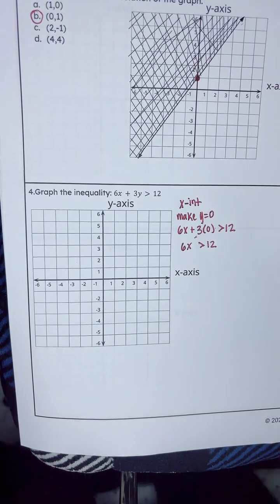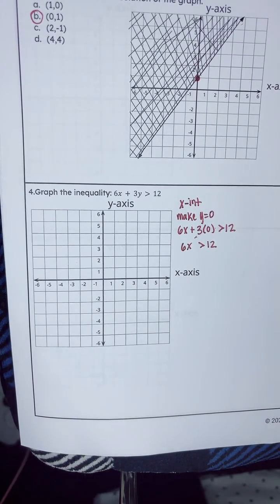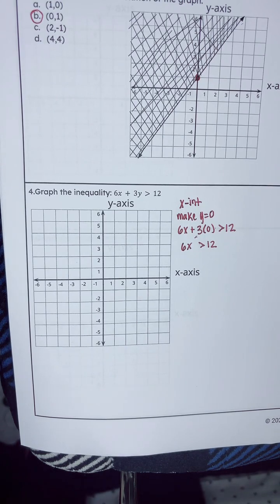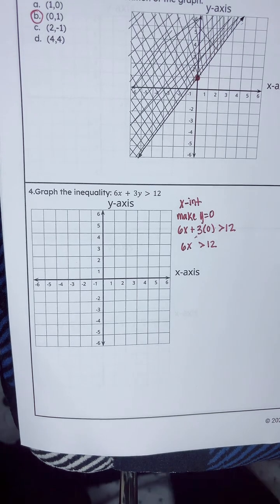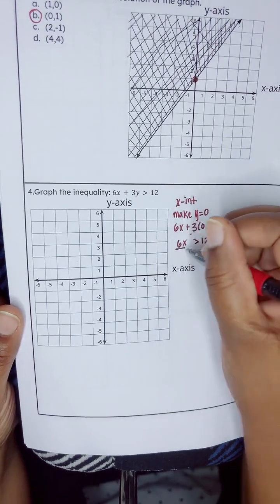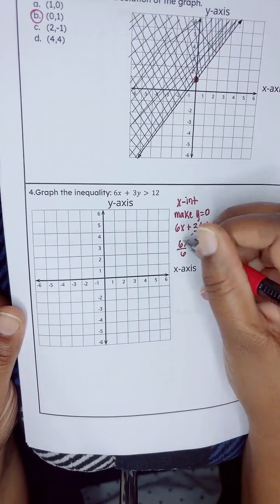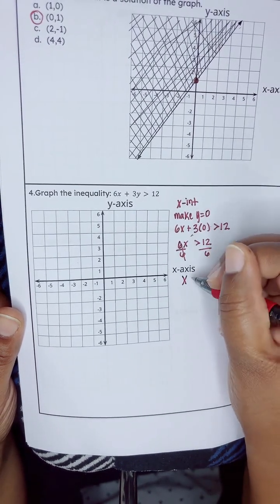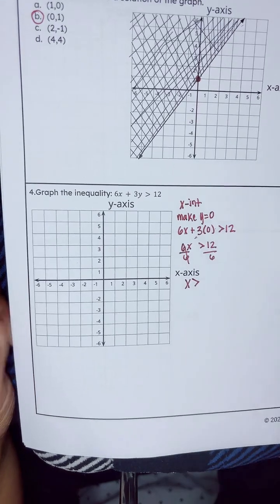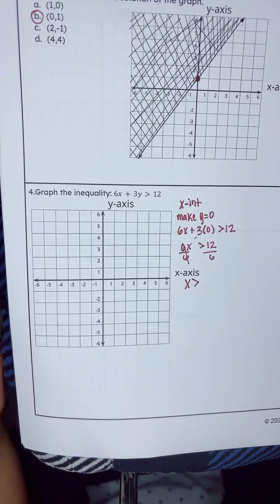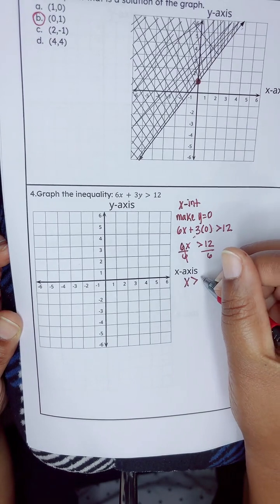What's my last step? How do I get x by itself? Divide, good, you guys, divide. So we're going to divide by 6, divide by 6. This cancels. And we have x is greater than 12 divided by 6 is 2.